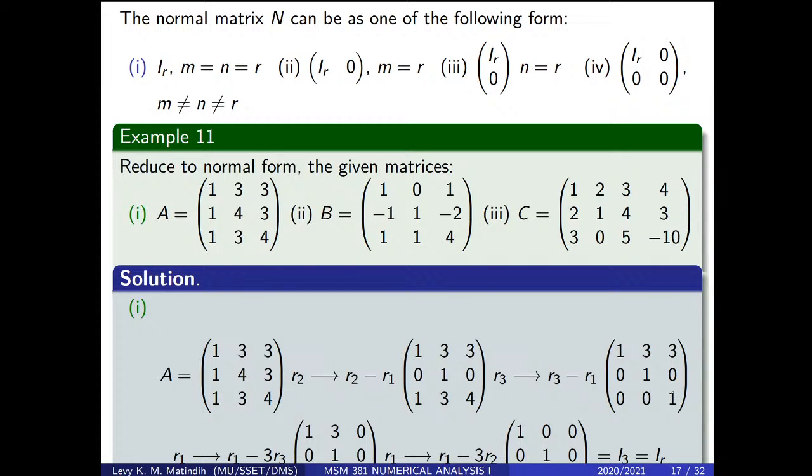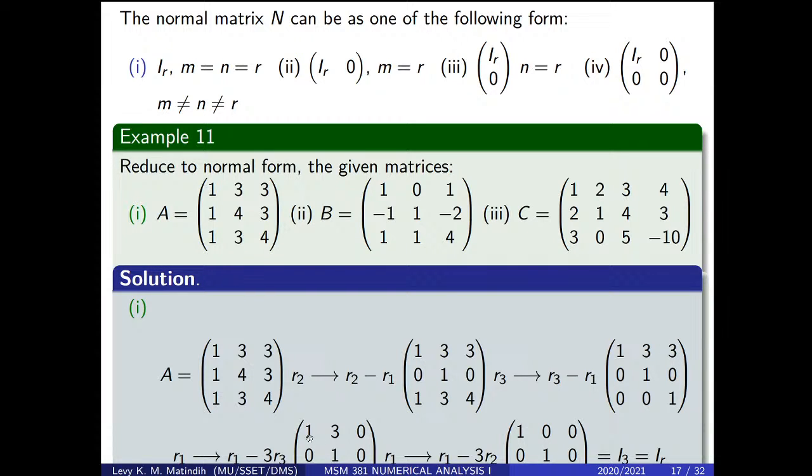So from this resulting matrix, what should we do? We are going to transform row 1. We transform the first row to be row 1 minus 3 times row 3. So, 1 minus 3 times 0 to give us 1, 3 minus 3 times 0 to give us 3, 3 minus 3 times 1 to give us 0.